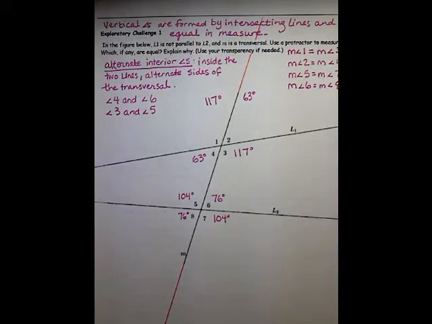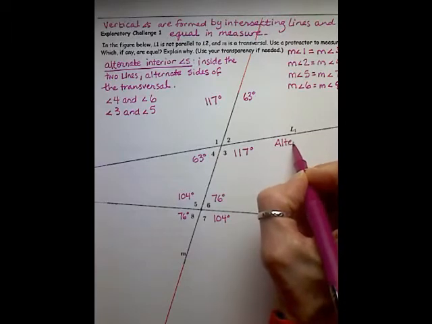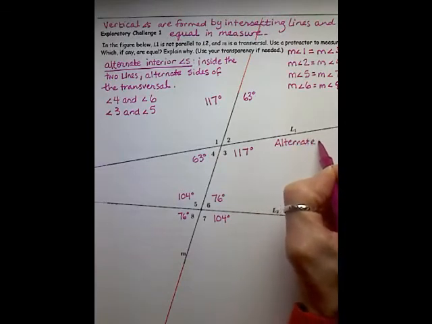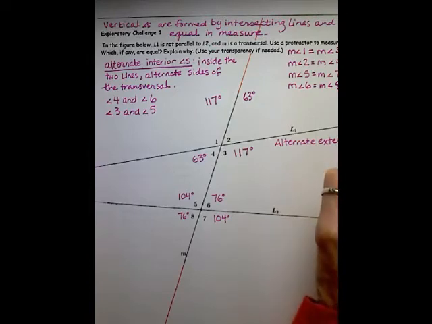Another type of angle that we know about are called alternate exterior. Add that to your notes. Alternate exterior angles.